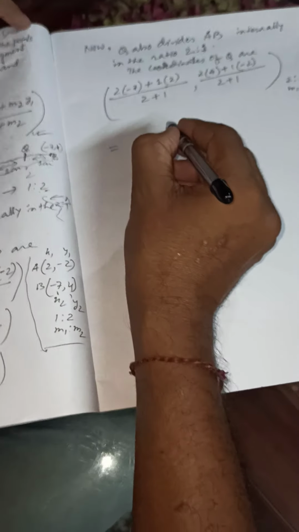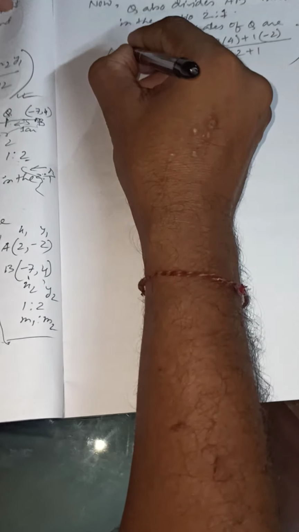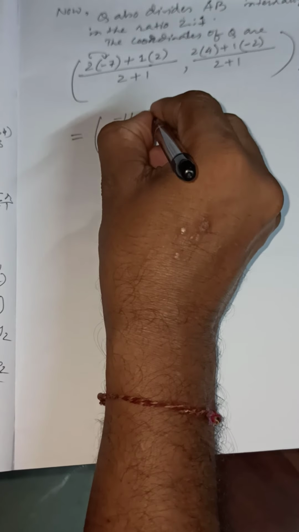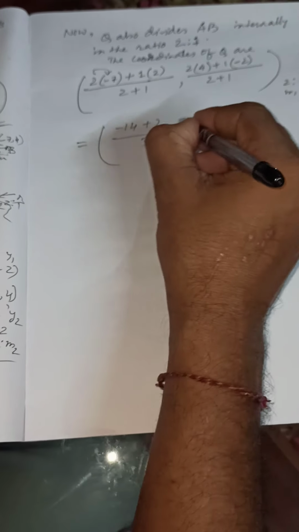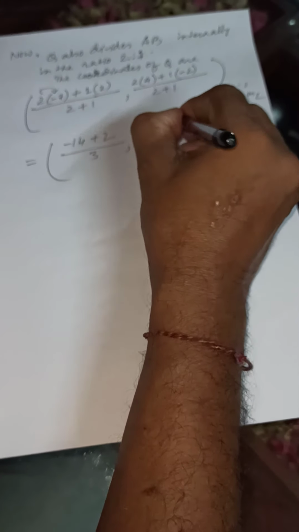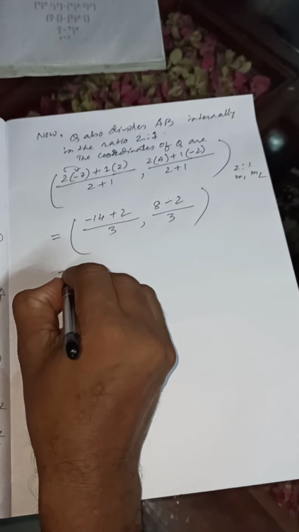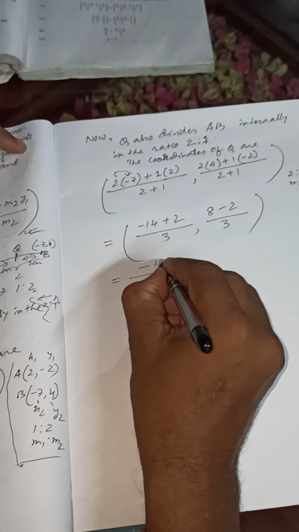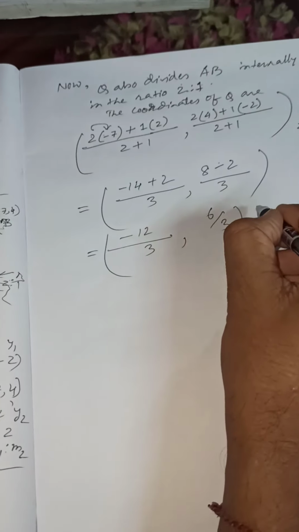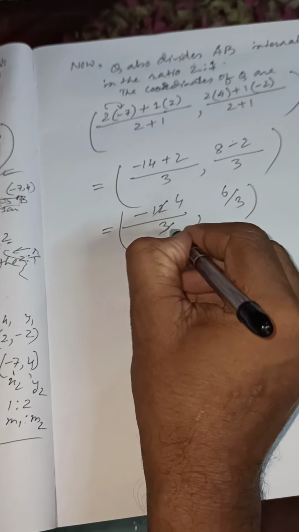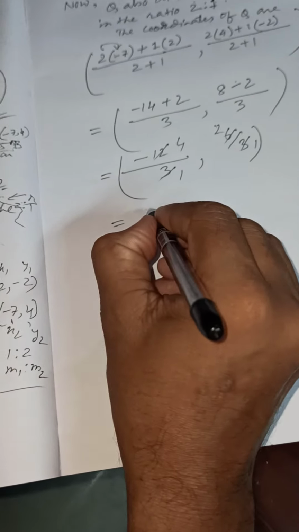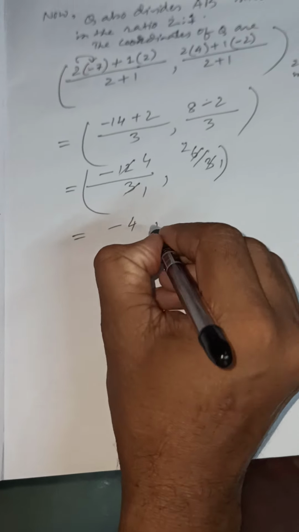Now just do this: -14 plus 2 whole divided by 3, and 8 minus 2 divided by 3. So this is equal to -12 by 3 and 6 by 3. Now cancelling, 3 4s are 12 and 3 2s are 6. So this is equal to -4 and this is equal to 2.